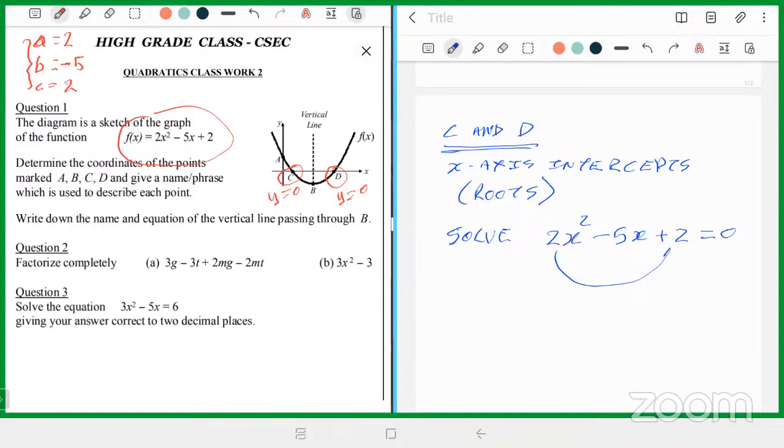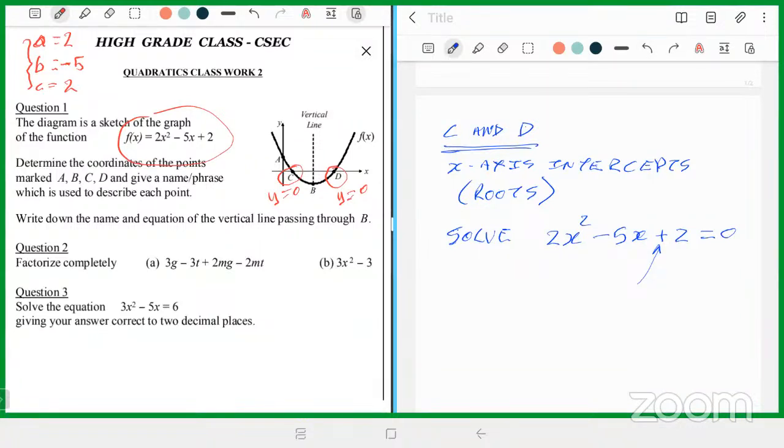And the factors of 4 are 1 and 4, and 1 and 4 add to 5, which is the middle term. Remember also that when the last value there is positive, it means that the two signs in the bracket are the same, provided the first term is also positive. It means that the two signs in the bracket are the same, and both of them will be negative.